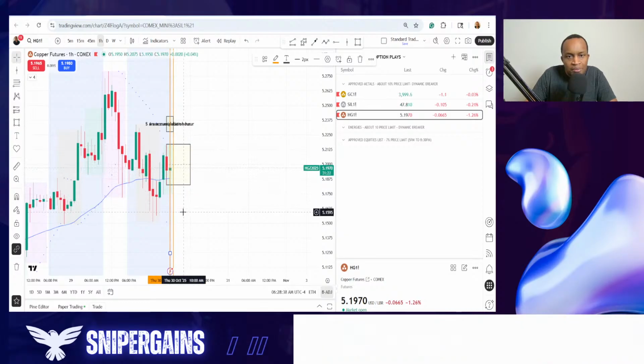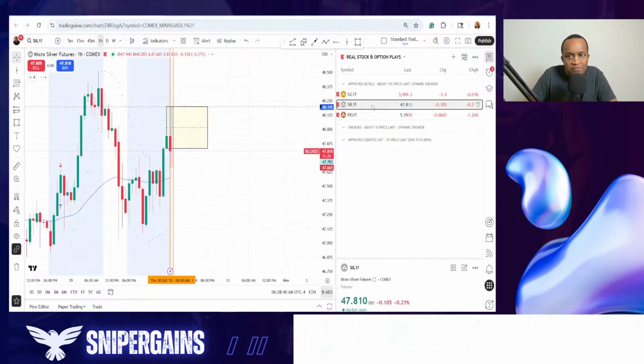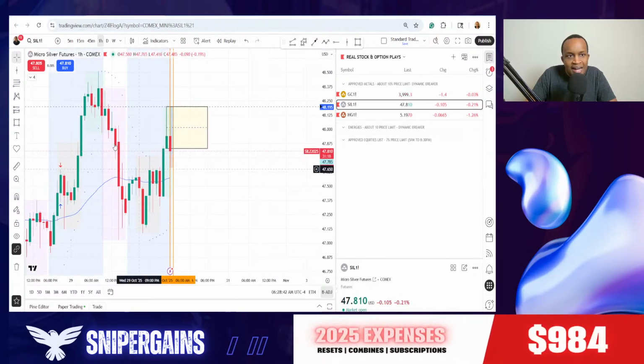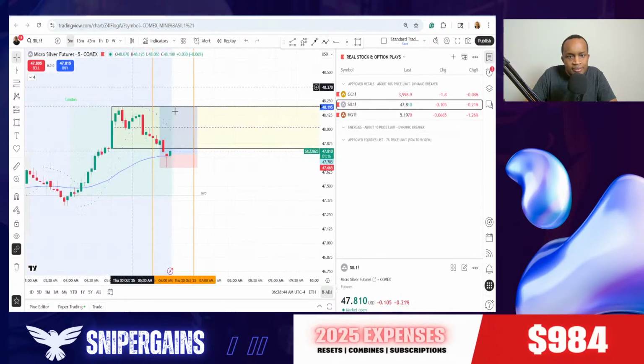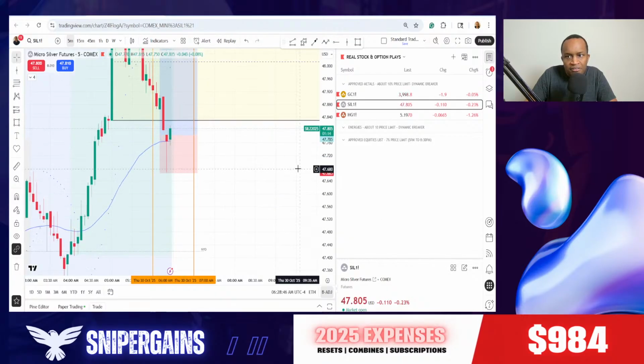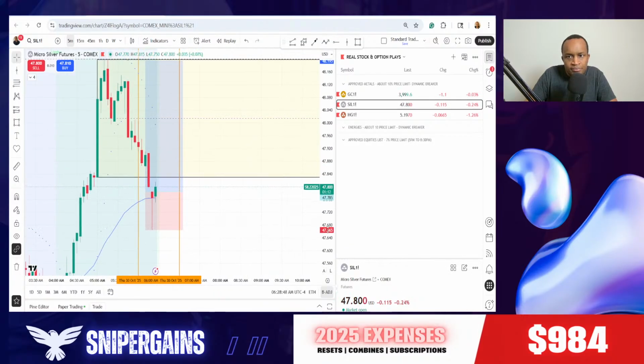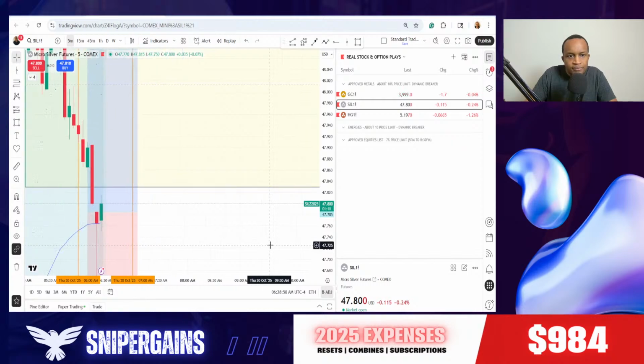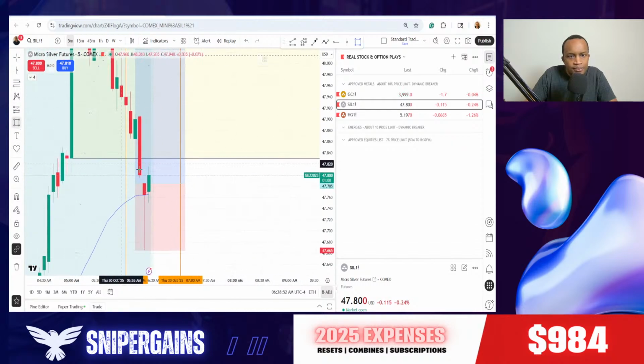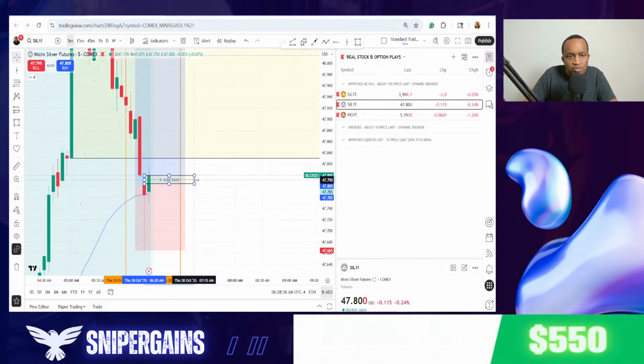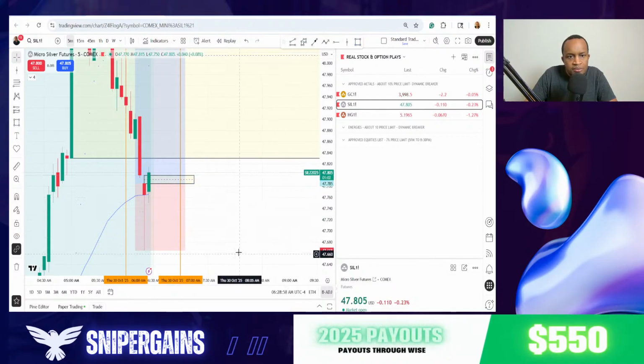So we'll see what happens with copper. But right now, my main focus is going to be on SIL to see if it will form that fair value gap. And we're going to risk small. We're risking about 120 bucks.